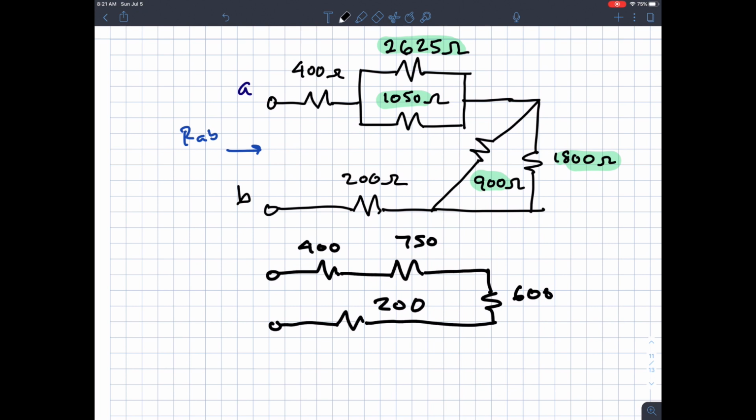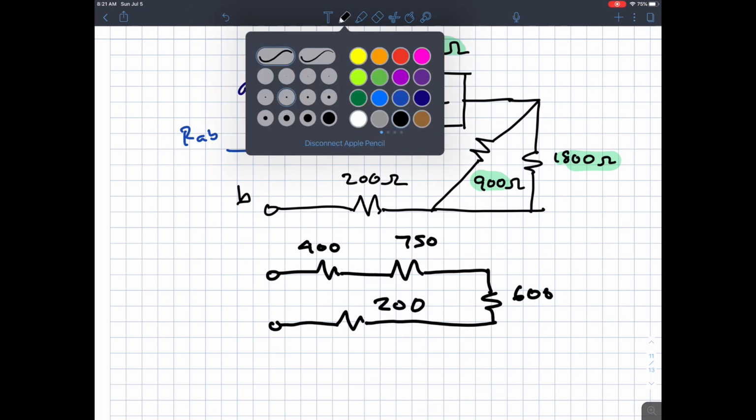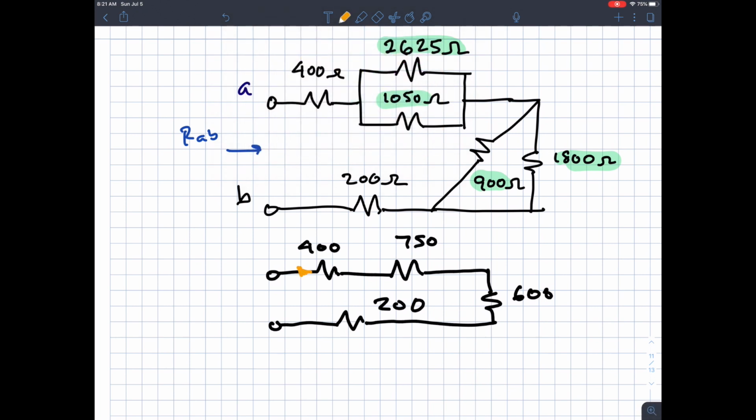Next, I'm looking at this and thinking, if I put current coming through this branch, and maybe that bothers you, I don't have anything connected here, so there wouldn't be any current. I just imagine if there were current, would it be the same current? If I applied a little voltage source right here, current would flow, and it would be the same current flowing through each of these elements.